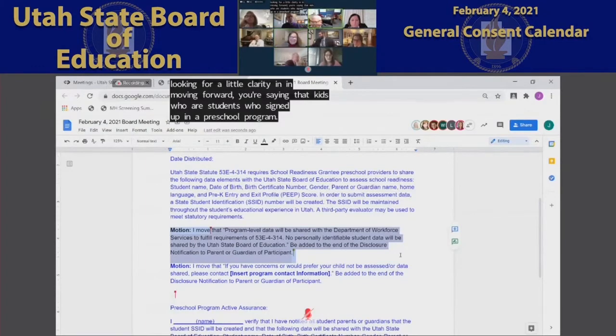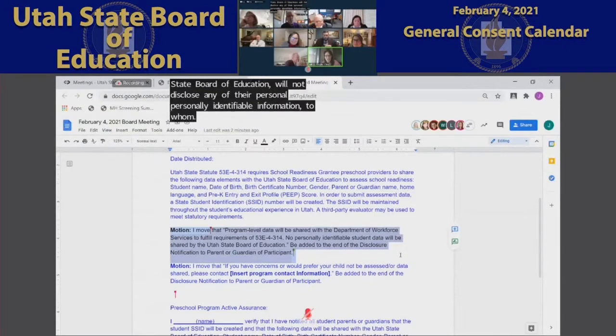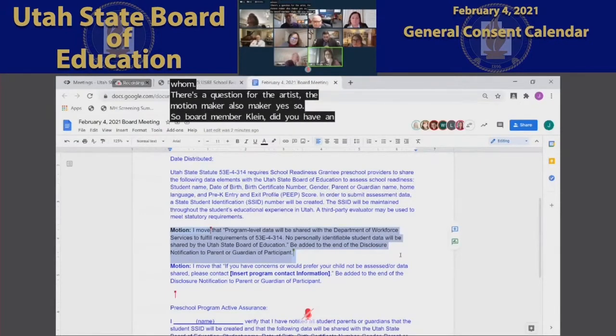Okay, so, Board Member Klein, did you have an intent? Well, the intent of this motion is to make sure that whatever data is shared with the Department of Workforce Services meets the requirements of that law, and that no personally identifiable student data will be, well, okay, I see what you're saying.